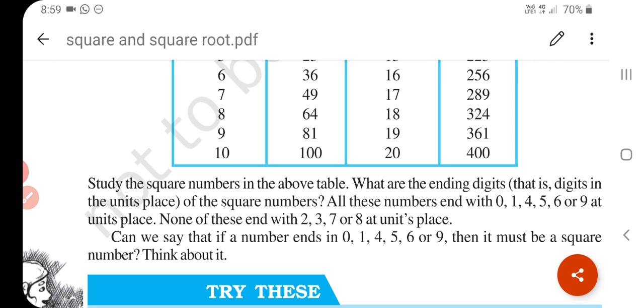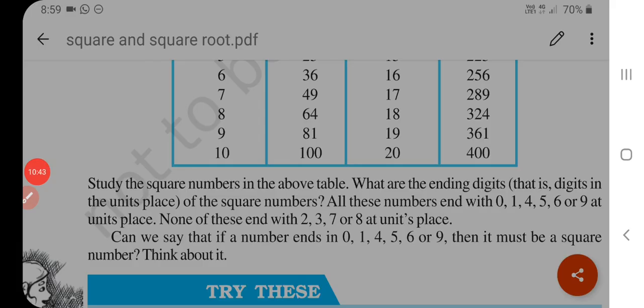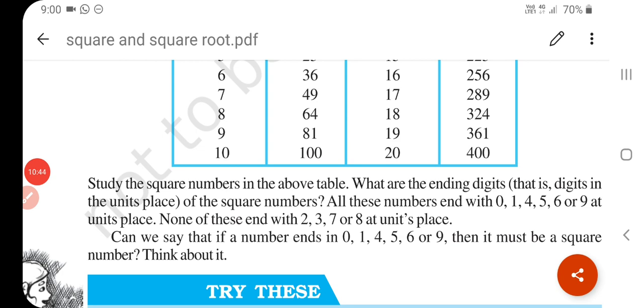Understand? 21 ends with 1, but it is not a square of any number. So it is possible that it is a square, but if the number ends with 2, 3, 7 or 8, it is not possible. It has no square.